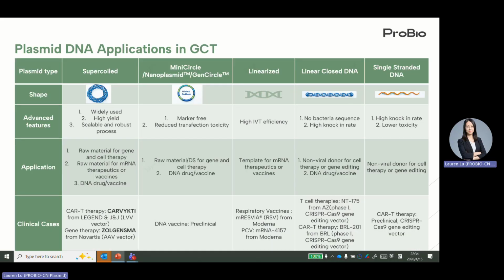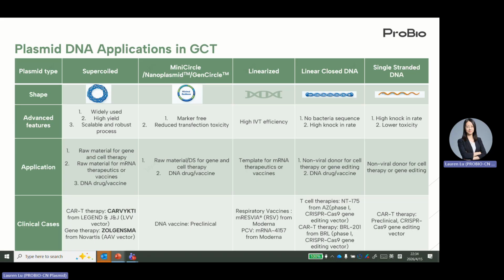In these slides, we made a brief summary of plasmid types, features, applications, and several clinical cases. First of all, it is the supercoiled plasmid. It's the most widely used in gene and cell therapy. Usually, it shows high yield and its production process is scalable and robust.